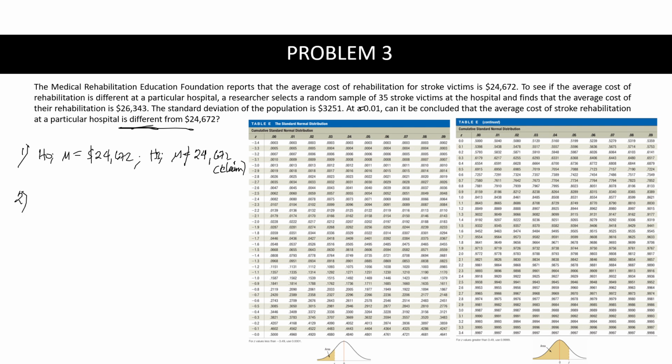And we have here number 2, find the critical value. The test is two-tailed, so first we have to find the critical value.